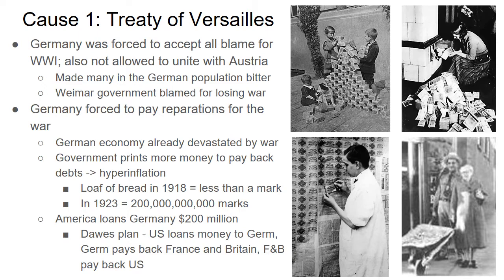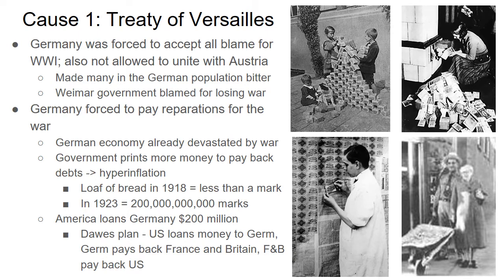And so what this meant is that people who had been saving up their money for their entire lives, maybe they'd saved up thousands of marks, that's now worth almost nothing. And so their life savings are now worthless. People have to take wheelbarrows to the market in order to pay for their groceries, wheelbarrows full of cash. We can see that in the bottom right photo.